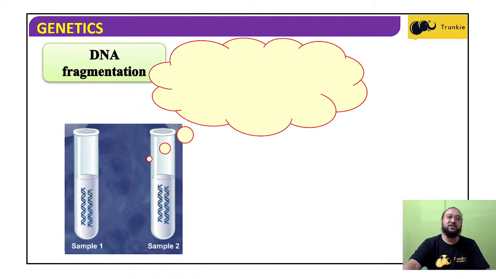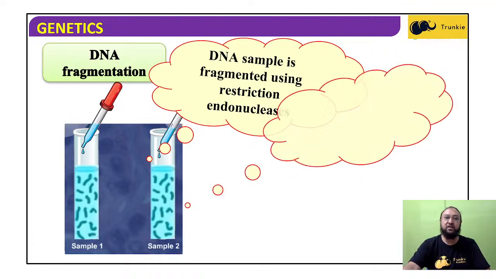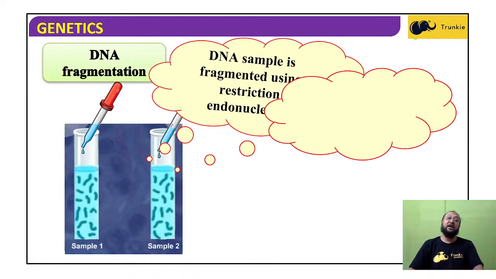Now DNA fragmentation. The next step is fragmenting the DNA by cutting it into small pieces using restriction endonuclease. This enzyme acts as molecular scissors that cut the DNA at specific sites and bring it into smaller pieces.